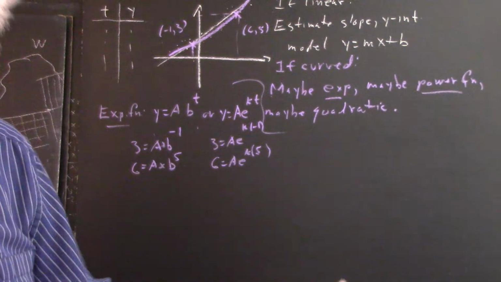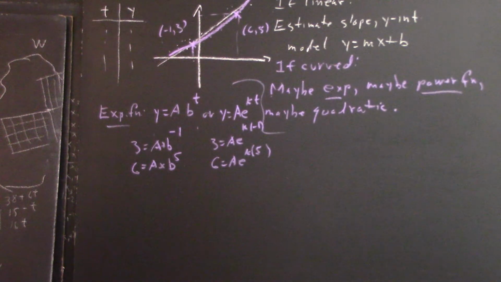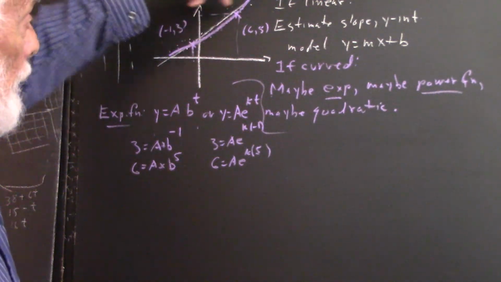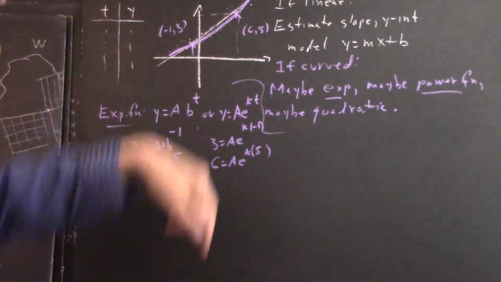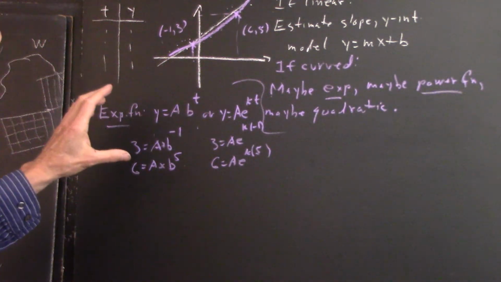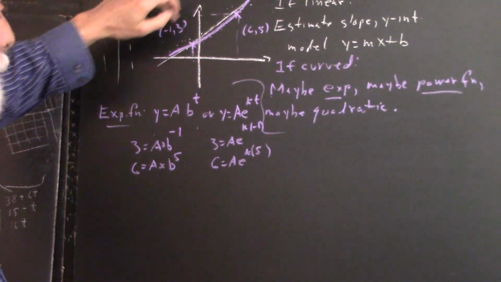Now, whether the curve is actually an exponential function or a power function, we'd have to test by graphing the function and seeing if the graph happens to fit the points. Or maybe we do both functions. We do an exponential function, we do a power function, and see if the graph fits the points.